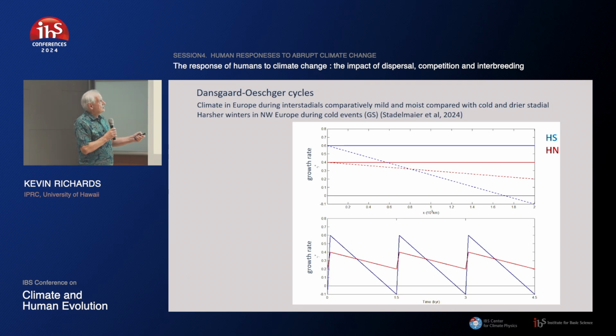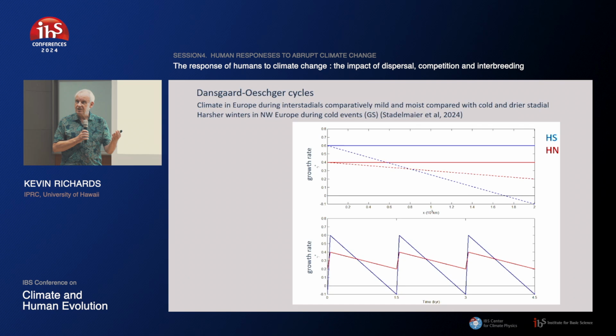And we're going to note that during Dansgaard-Oeschger cycles, the climate in Europe during interstadials is comparatively mild and moist compared with the cold and drier stadial conditions. And in particular, during these cold events, the winters in northwest Europe are particularly harsh.